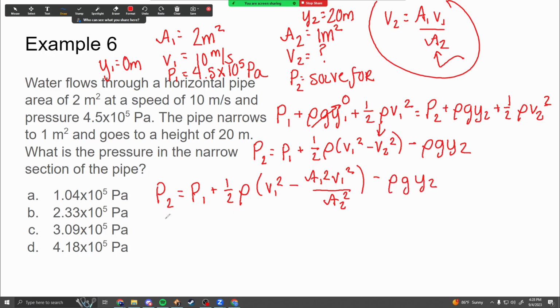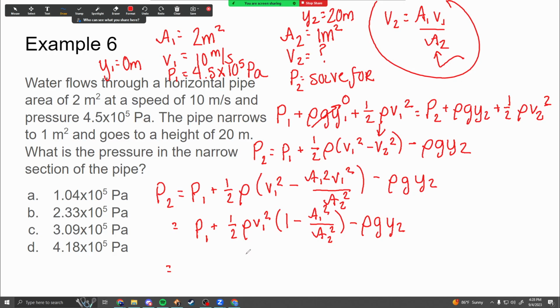And I'm going to write this a little bit more condensed. So this is P1 plus 1/2 rho V1 squared times (1 minus A1 squared over A2 squared) minus rho g y2. And now I have all of these variables. This is just a matter of plugging in numbers.